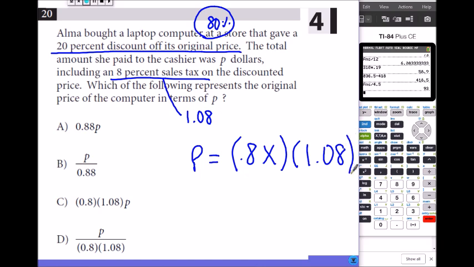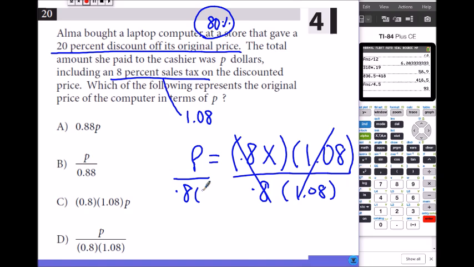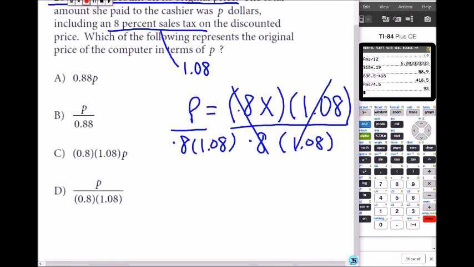The question is, write the original price in terms of P. So now you're solving for X in terms of P, so you divide by 0.8 and you divide by 1.08. So then you get X equals P divided by these two numbers. So the answer is D.